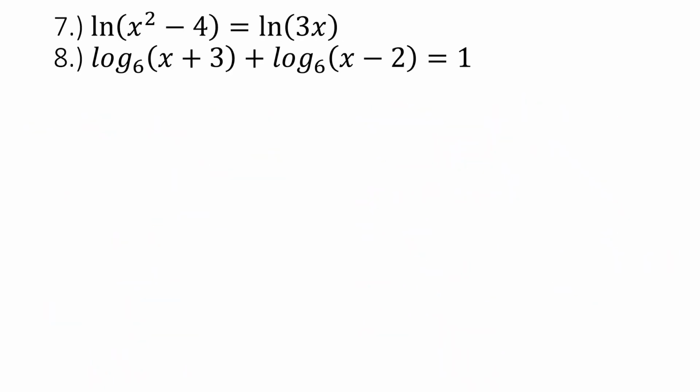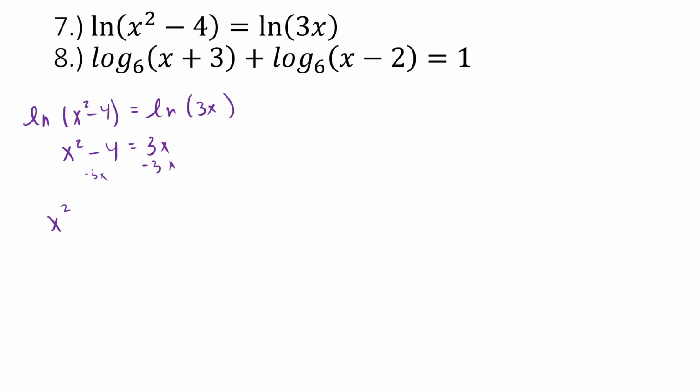All right, number 7. We have the natural log of x squared minus 4 is equal to the natural log of 3x. This is one where we can set the arguments equal. So we'd have x squared minus 4 equals 3x. I'm going to go ahead and subtract the 3x from both sides to get x squared minus 3x minus 4 is equal to 0.